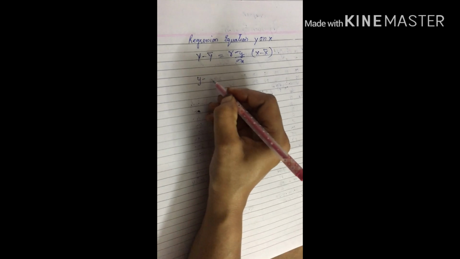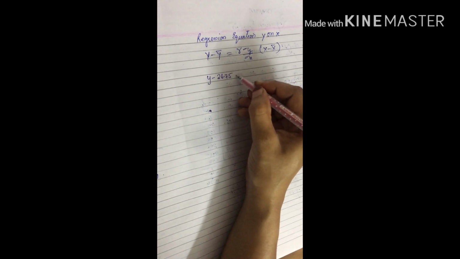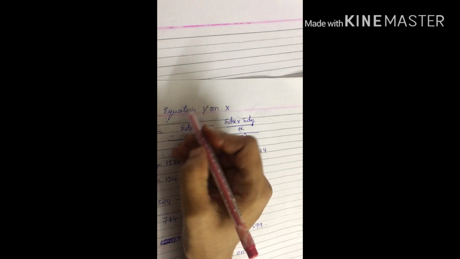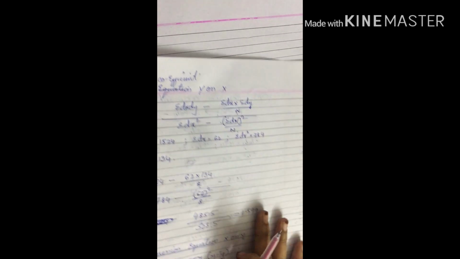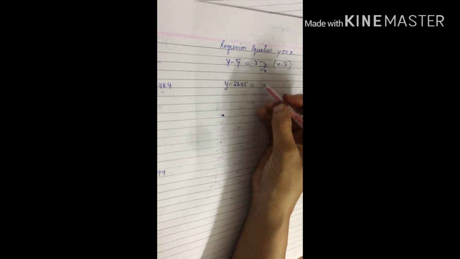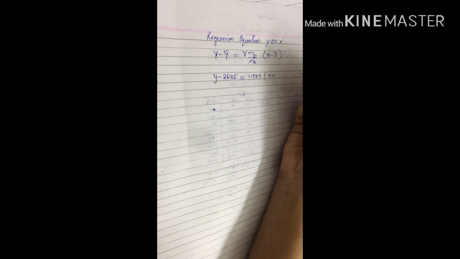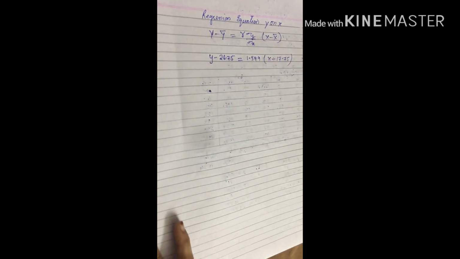So y minus y bar is 26.75 equals the regression coefficient. Sorry guys, the regression coefficient comes here. The regression coefficient y on x is 1.599, then x minus x bar is how much? 17.75.